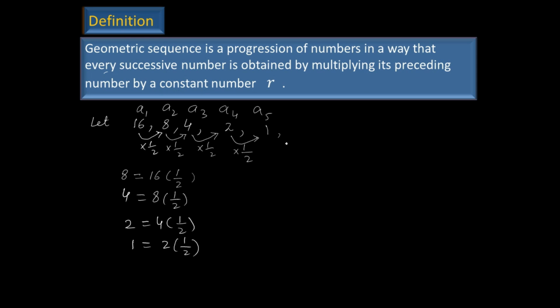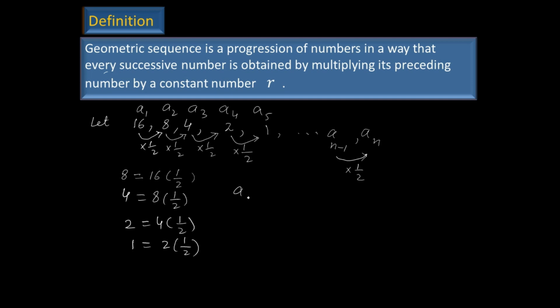So if we proceed in this manner, this is the general term. So for the general term, what is the number before it? This is an, so the preceding term is an minus 1. So this an is obtained by multiplying this preceding term an minus 1 with 1 by 2.